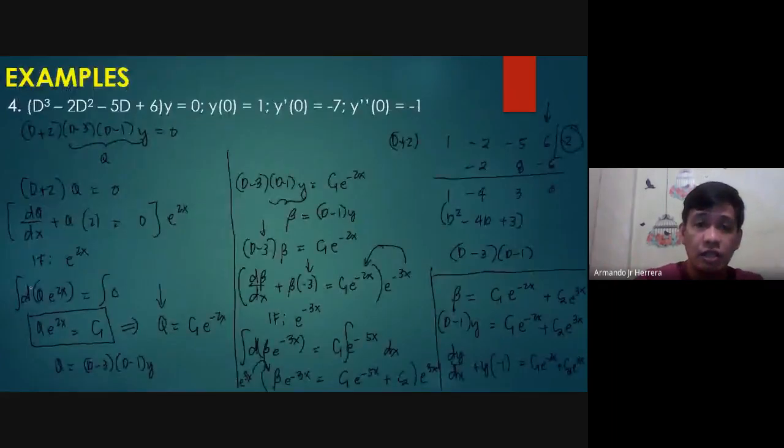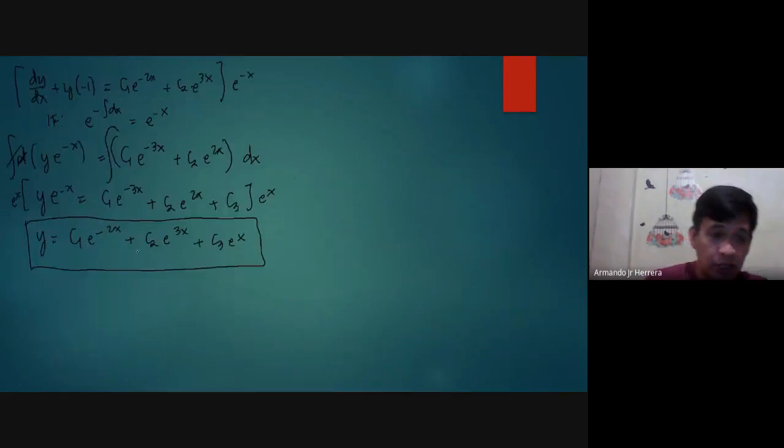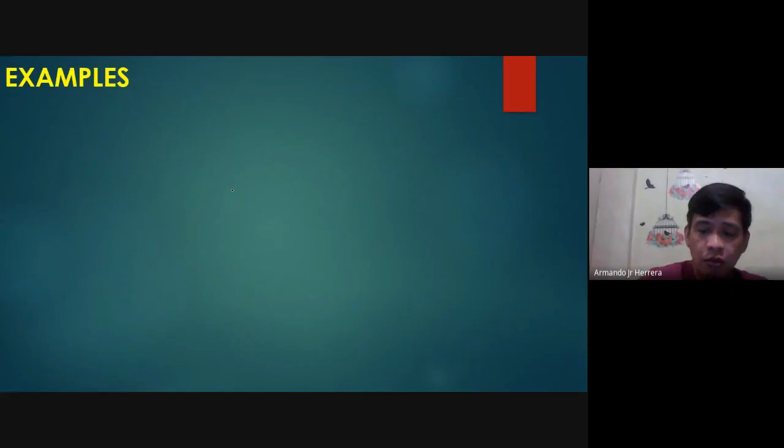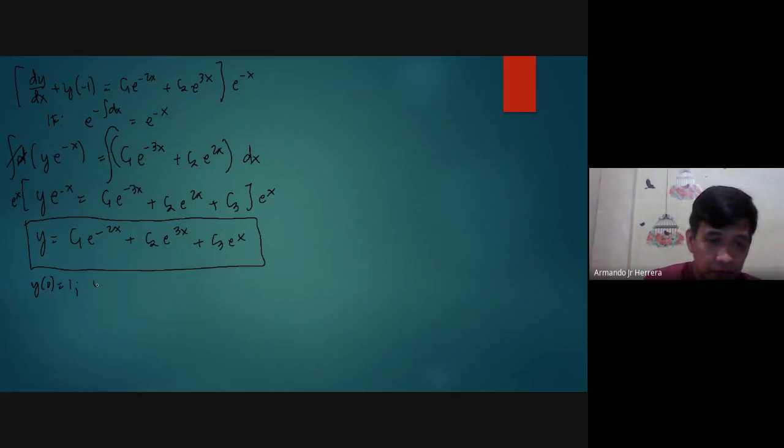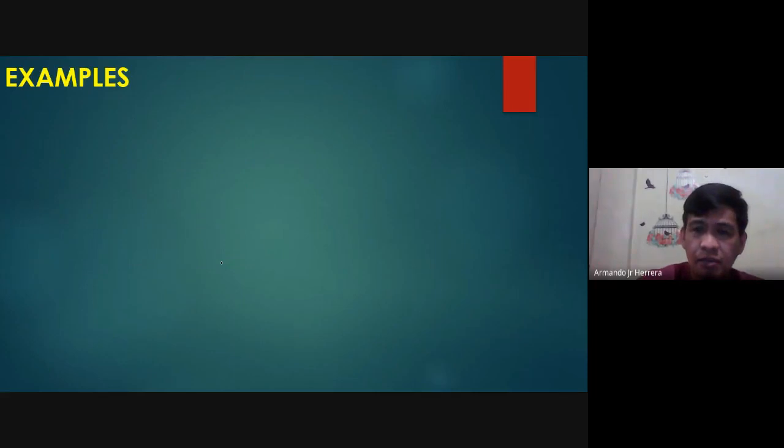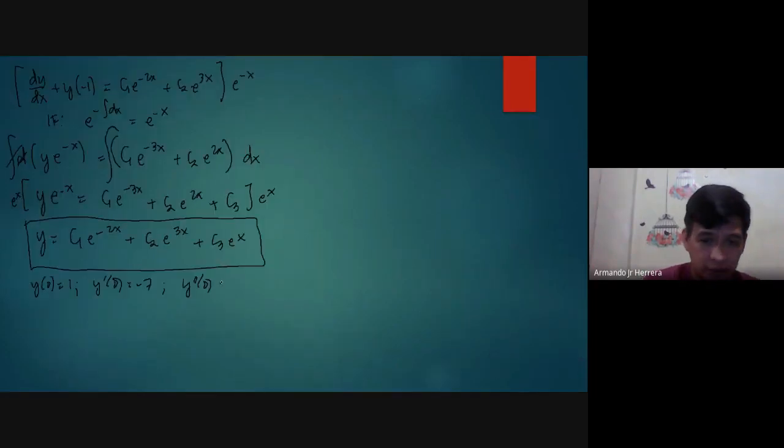So we have initial conditions. y of 0 is 1, y prime of 0 is negative 7, and y double prime of 0 is negative 1. Okay, so let's solve. So y of 0 is 1.